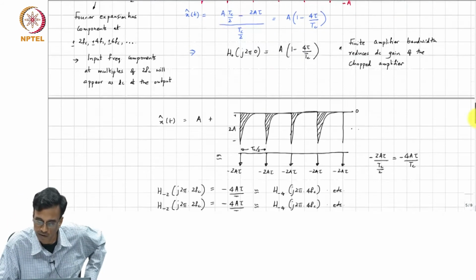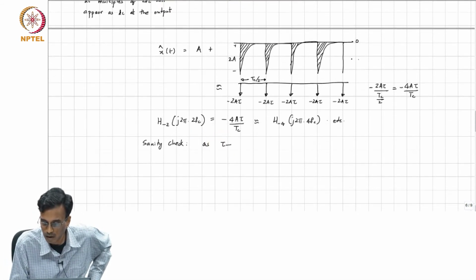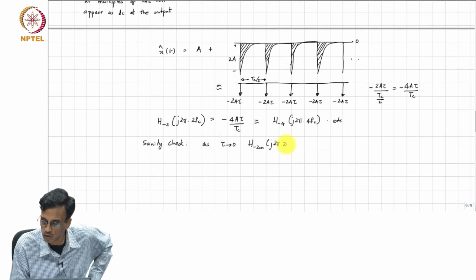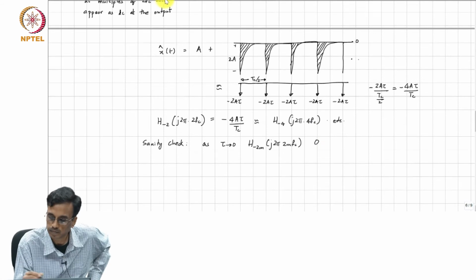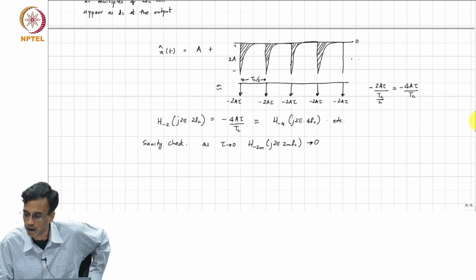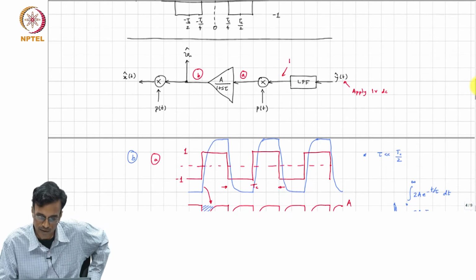So, as tau tends to 0, h sub minus 2m of j 2 pi times 2m fc tends to 0.